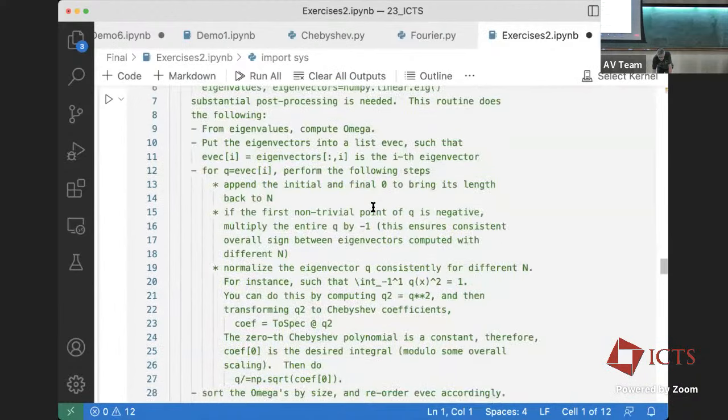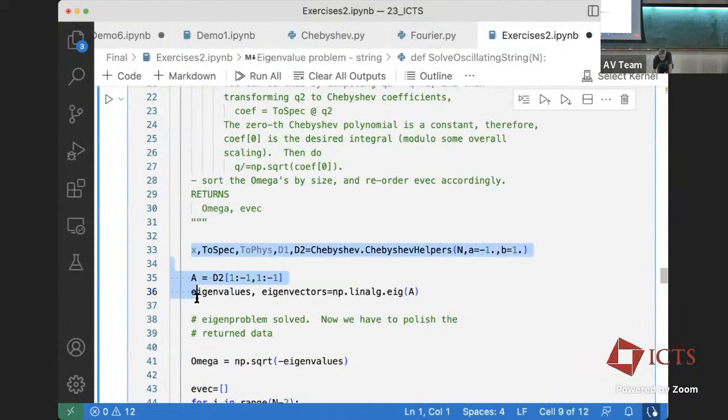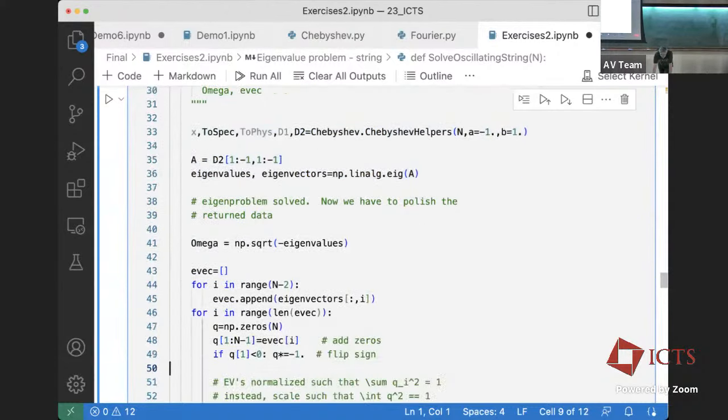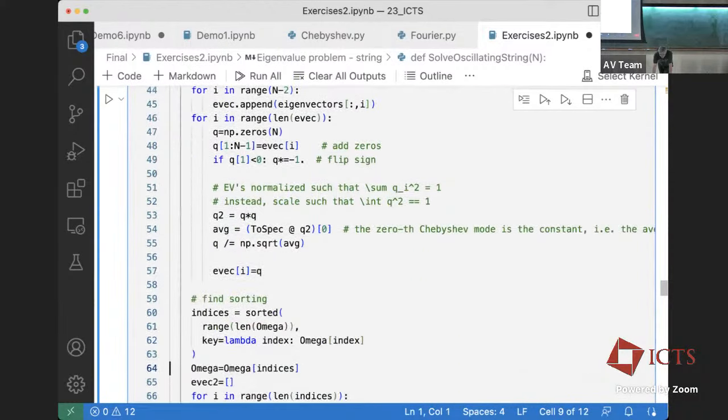Here it is. It has a whole 3 lines to do the math. It sets up the problem in line 35. It solves it in line 36. So far, so good. And now let me go down to show you the quickest solution I found to get everything post-processed in a nice way.